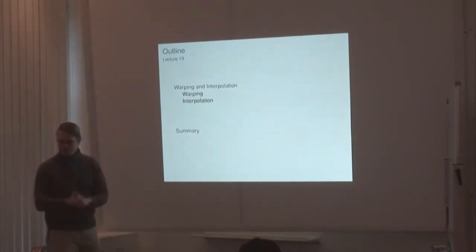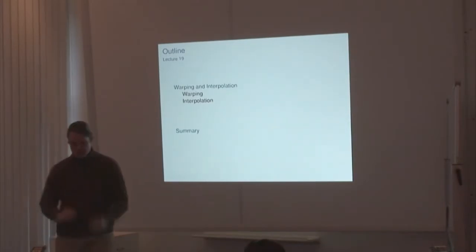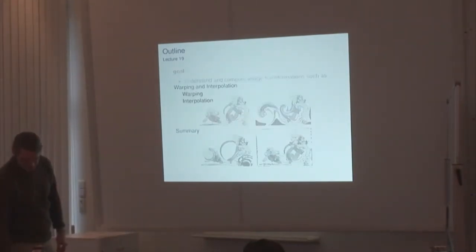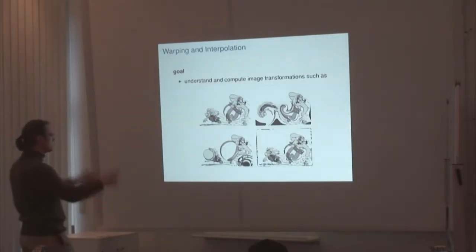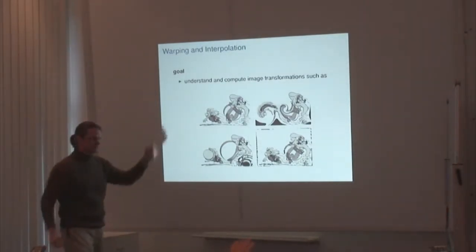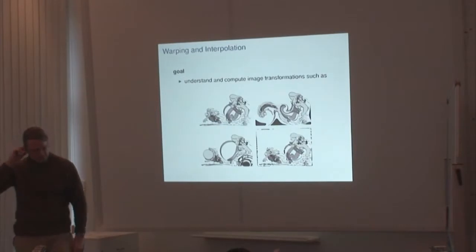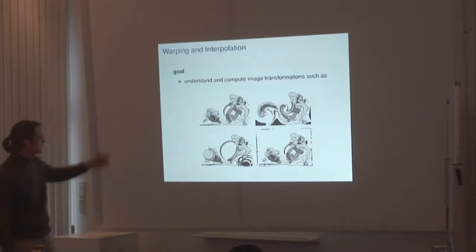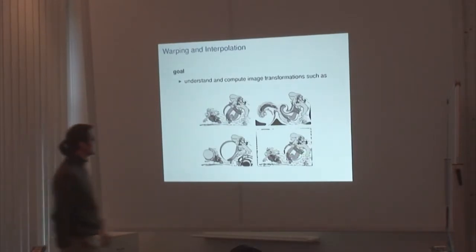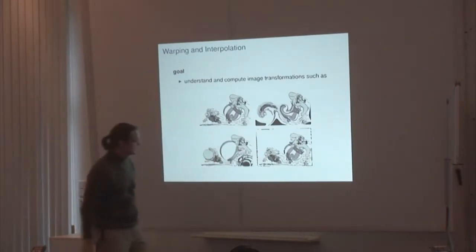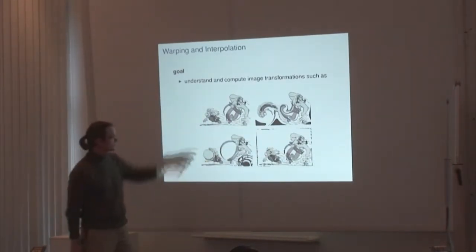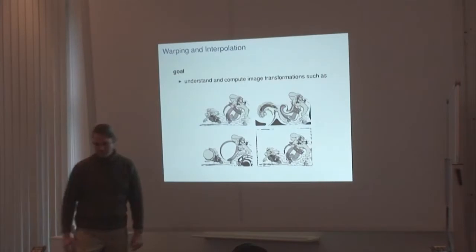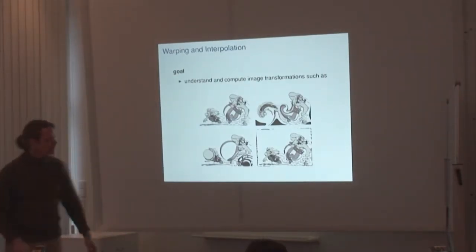So it'll be great fun from now on, because we'll talk about warping, but today our focus will be on interpolation, so that we can appreciate the techniques that allow us to compute images like that. Can you see that these three images are basically somehow distorted versions of this one? All right, great.